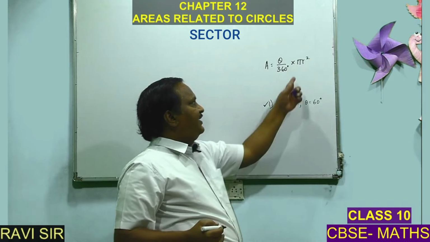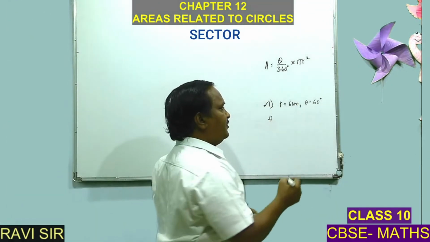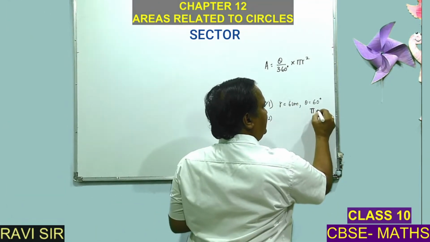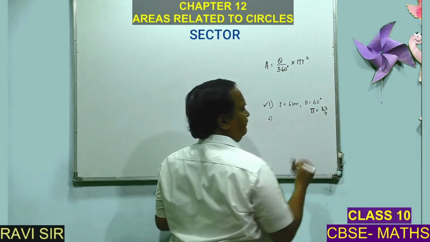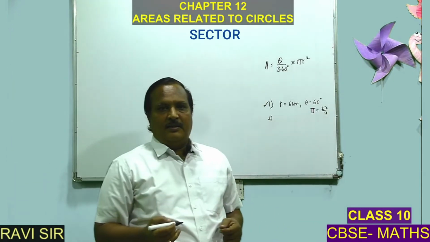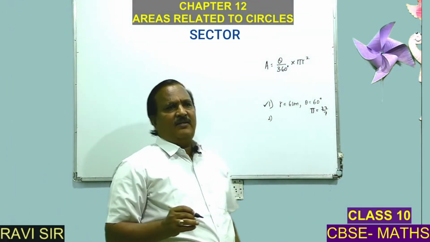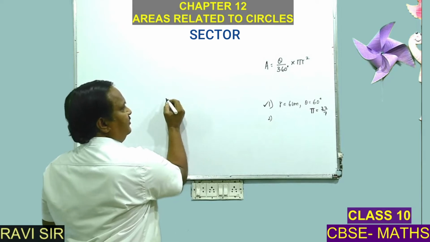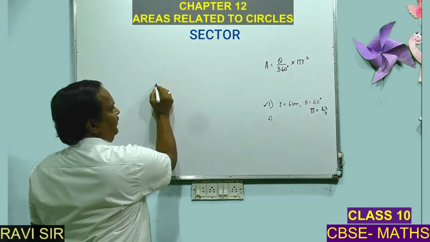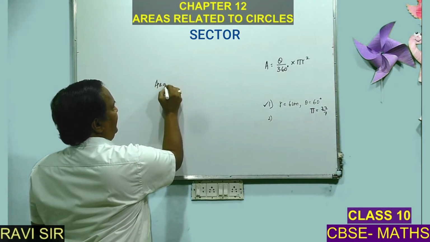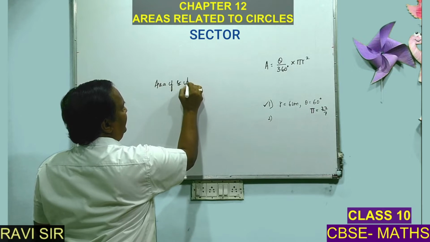Nothing is indicated here for pi, so in such cases pi is equal to 22 by 7. Now, this is a very direct question. I need not explain also, but still I will explain.